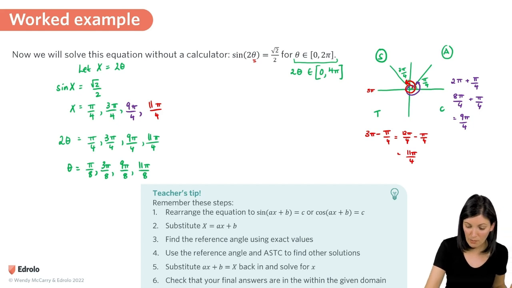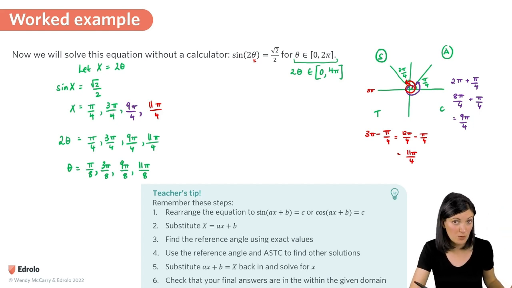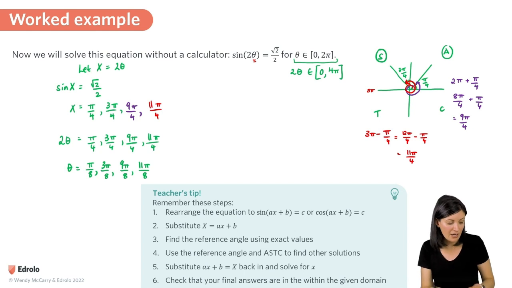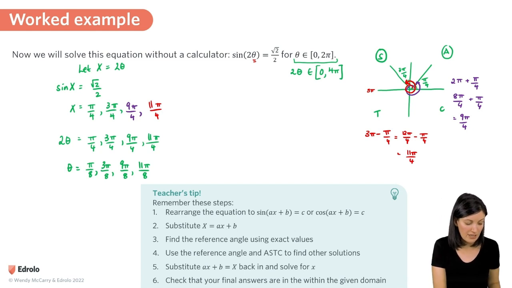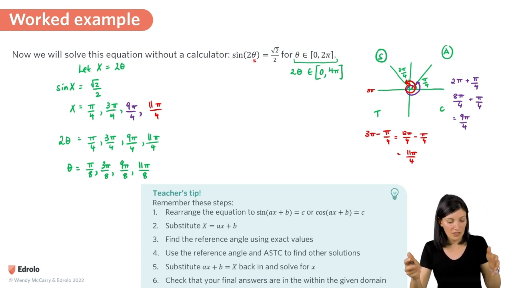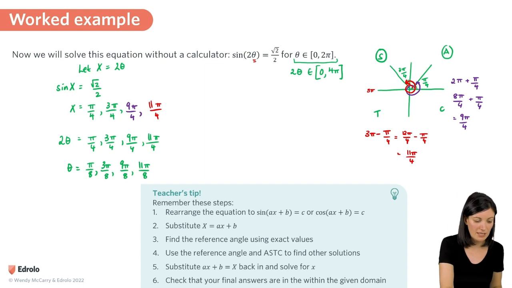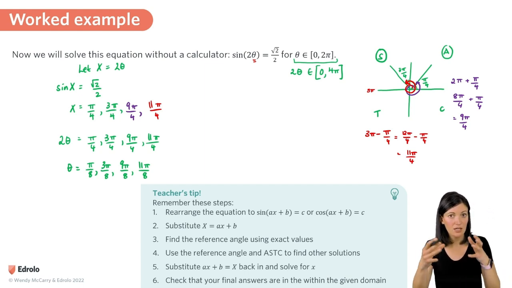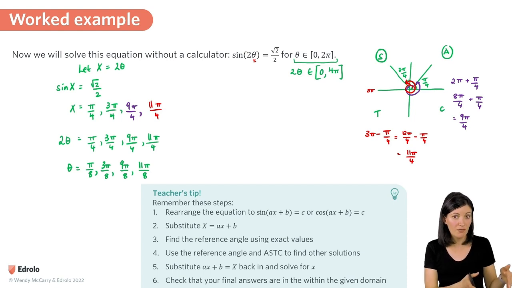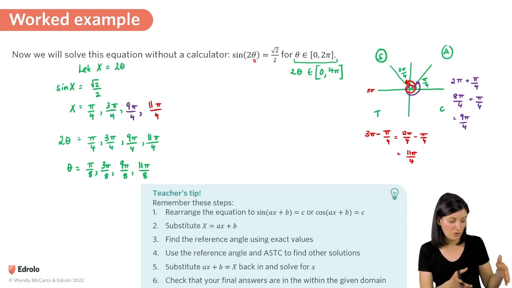So now if I go back to my original domain, which was between 0 and 2 pi, I can see that all 4 of these solutions are now within the domain that I wanted between 0 and 2 pi. So we made the domain bigger to fit our replacement of x equals 2 theta. But if we've done everything correctly, our answers should fit within our original domain.